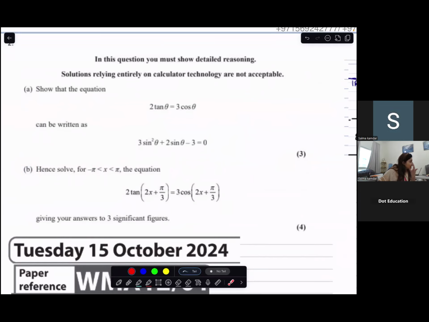Can you see? My equation is in the form of 2 tan theta is equal to 3 cos theta. Do you see this? It's very important that you observe this fact that this equation looks exactly like this, but only instead of theta, I have a transformation of another angle.